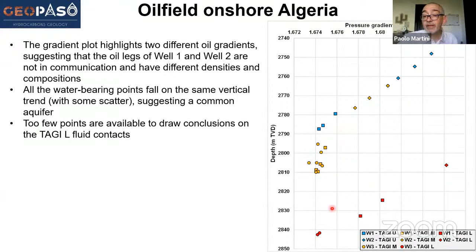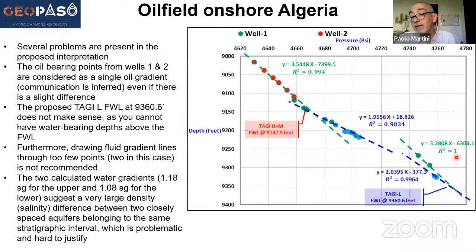And for the lower Taggy, there are basically too few points to confidently draw a gradient. You can see here, they draw lines on just 2 points for the oil and 2 points for the water, which is really not enough.